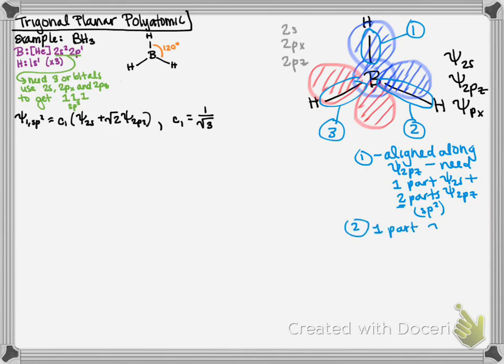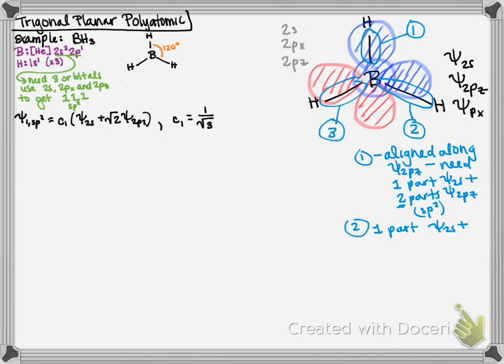We have to account for all 3 of our orbitals, so let's also think about what bond number 2 needs. So what atomic hybridized orbital could we form to help bond in the direction that bond 2 is going in, towards that hydrogen? So we're going to use 1 part sp2s because each one of these has to have 1 part of that s orbital.